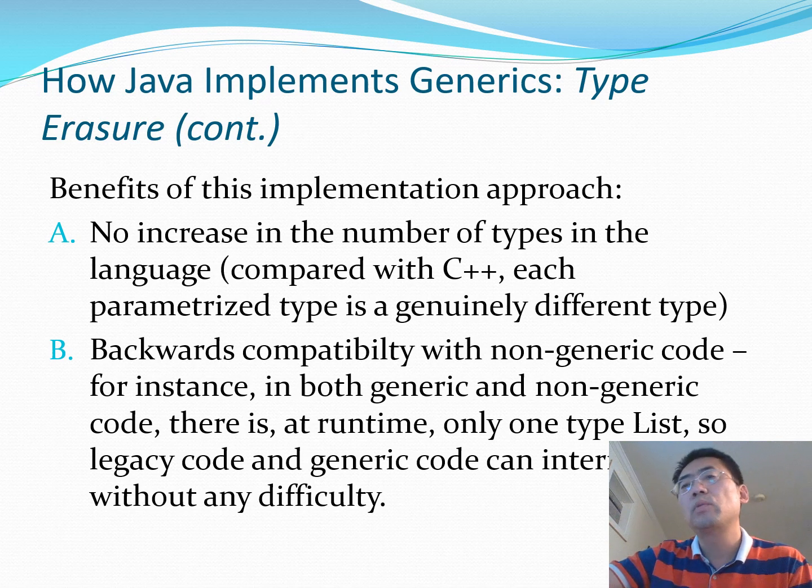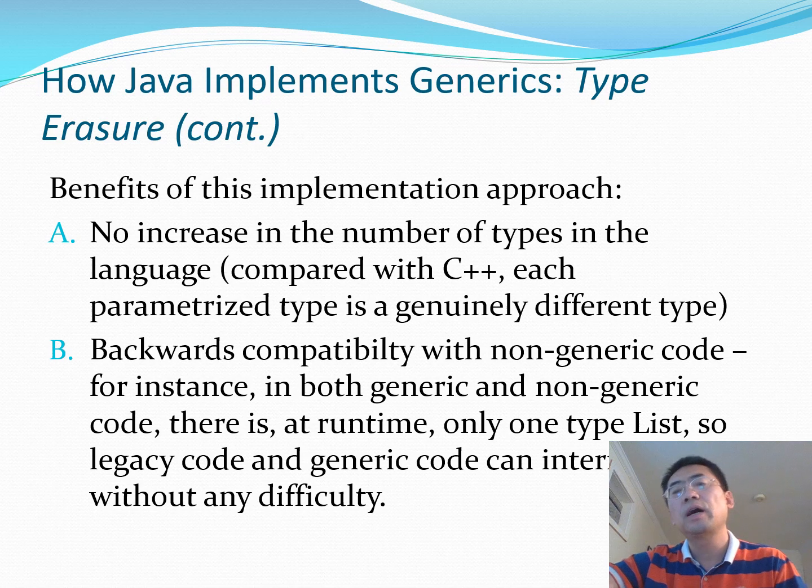Maybe the Java designers think that's not a good idea. So let's use type erasure so that we have a much smaller number of types in Java. Another benefit of type erasure is backwards compatibility.